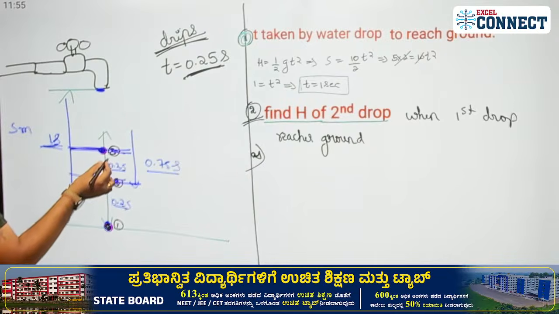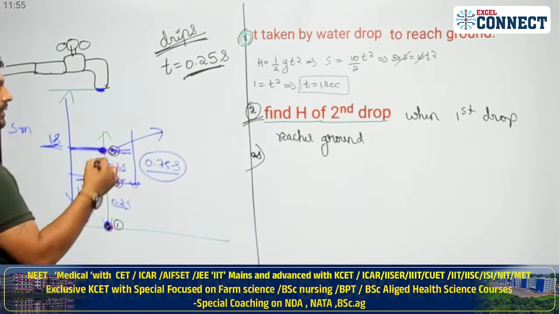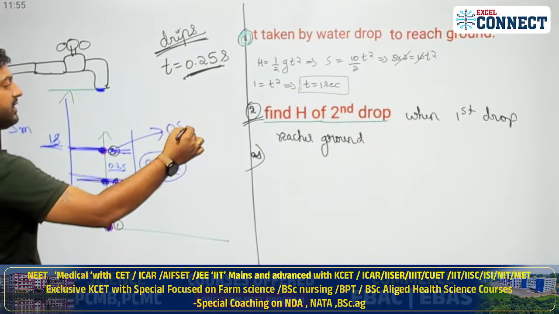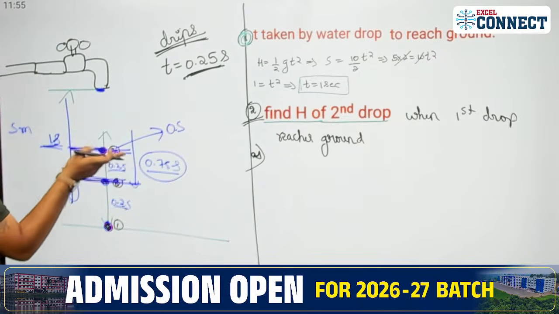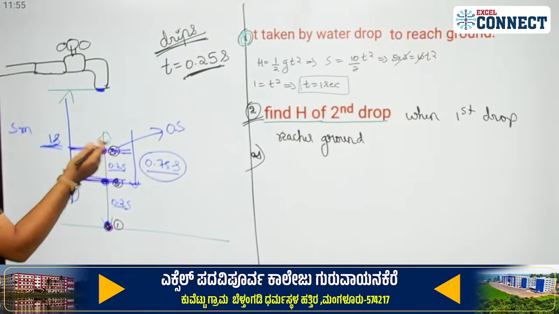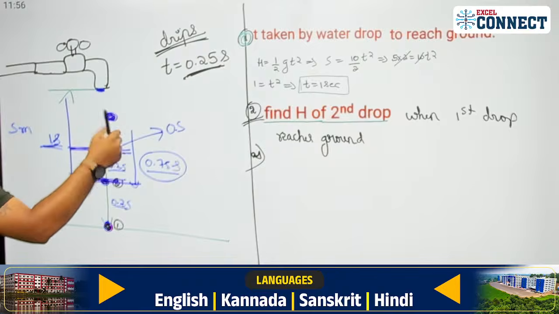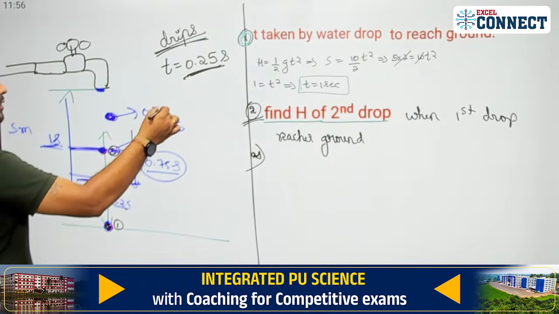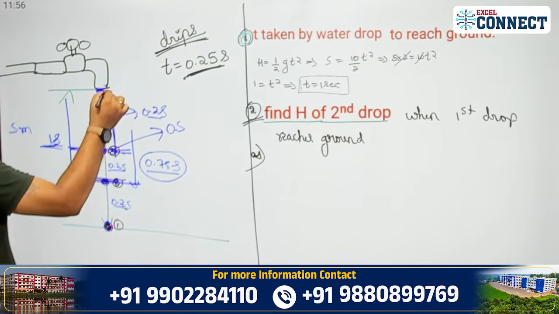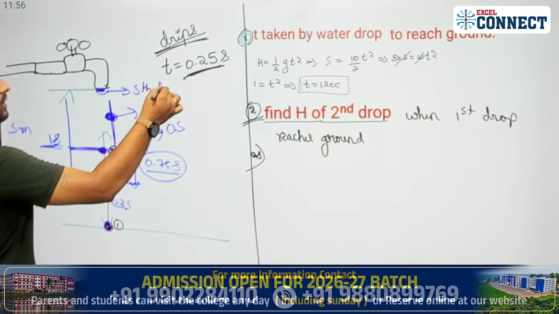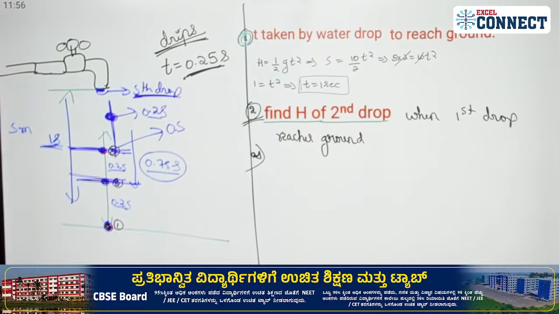What is the time taken by second drop? It is 0.75 second. What is the time taken by third drop? It is 0.5 second, because this takes 0.25 less than previous one. Again there is a fourth drop. Time taken is 0.25 second. So fourth drop will be in free fall. This is the fifth drop.